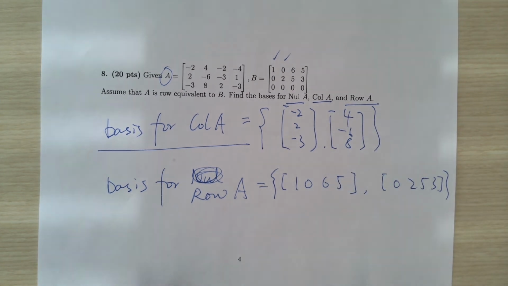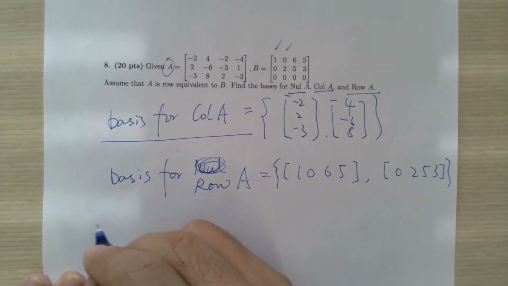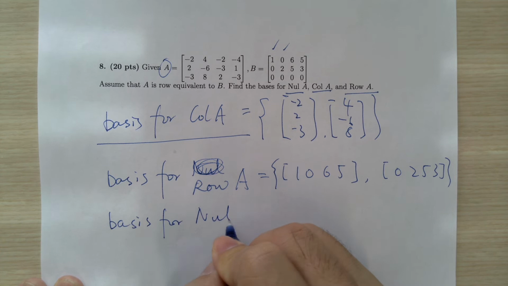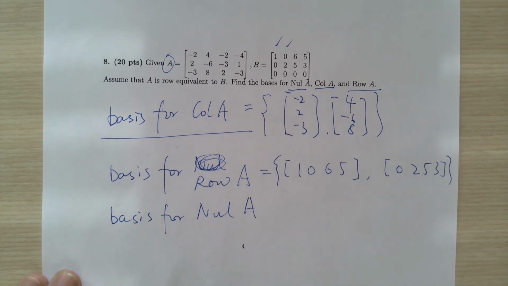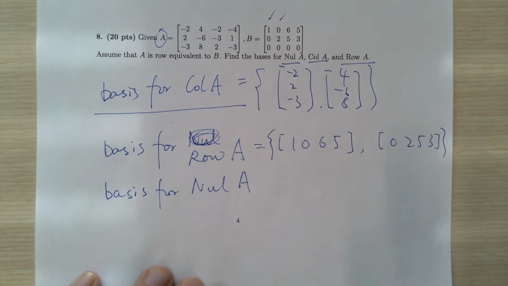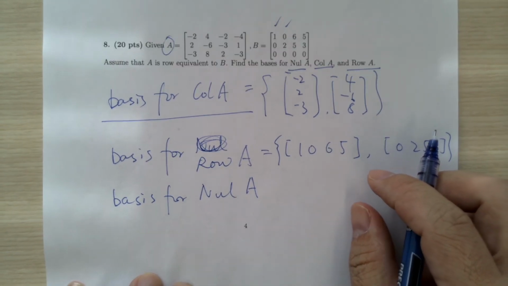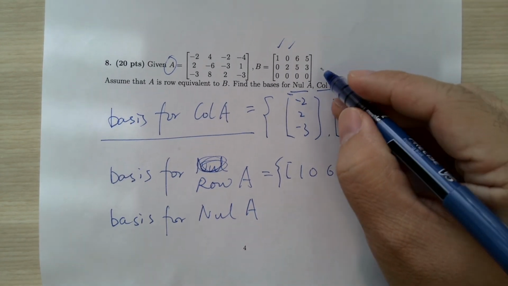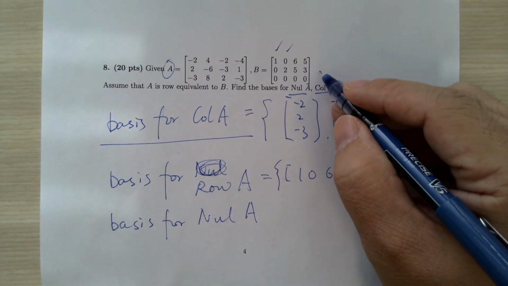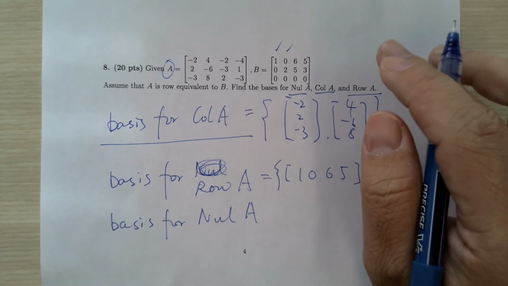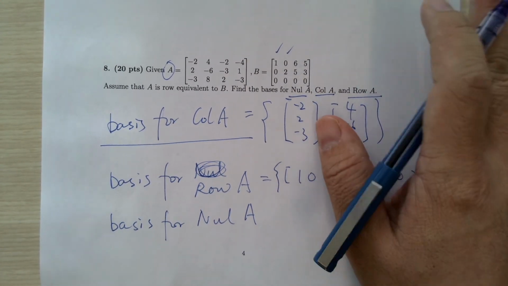Okay. And then lastly, the basis for the null space of A. You need to do a little bit extra work, because this row equivalent matrix is given, but it is not in the reduced echelon form.